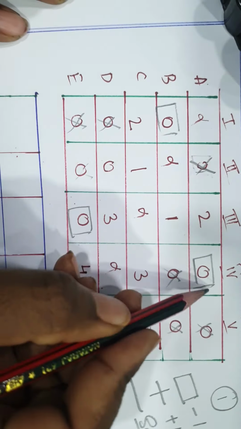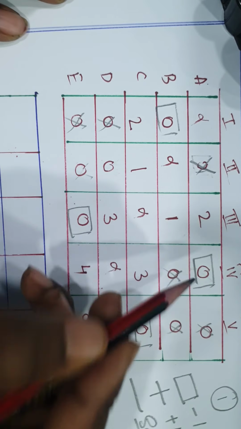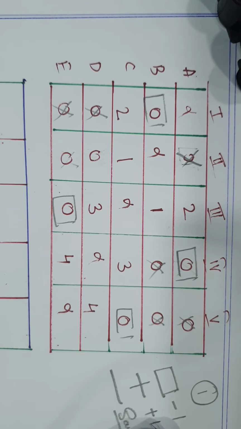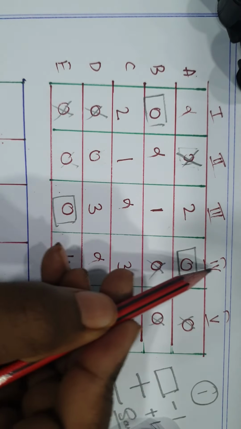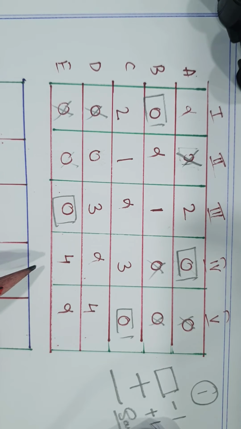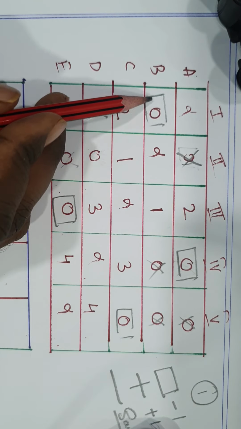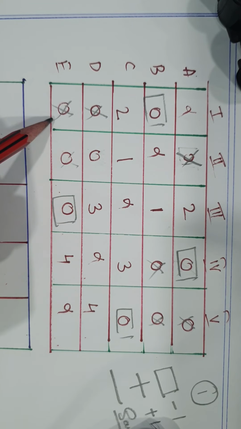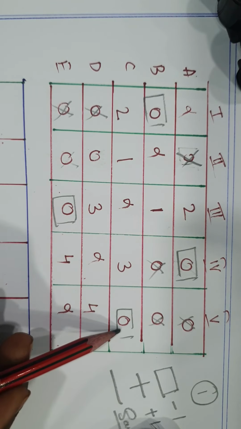After that, see, first I assign here. In that row, in that column, if I am finding any 0, I have to cancel. Second, I assign here. In that row, in that column, if I am getting any 0, I have to cancel. Then third, I assign here, and the same. Then fourth, I assign here.